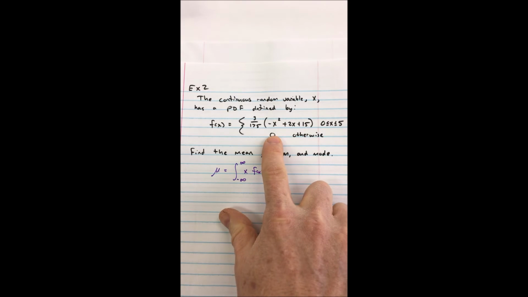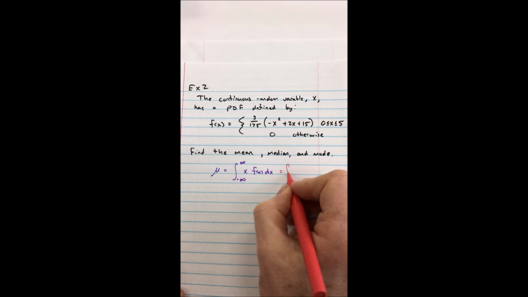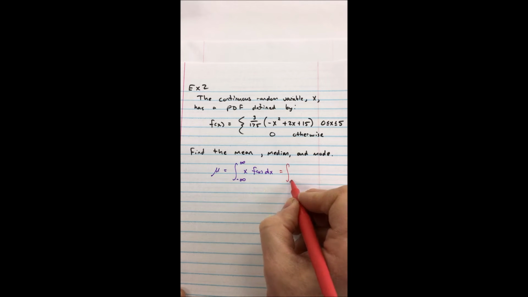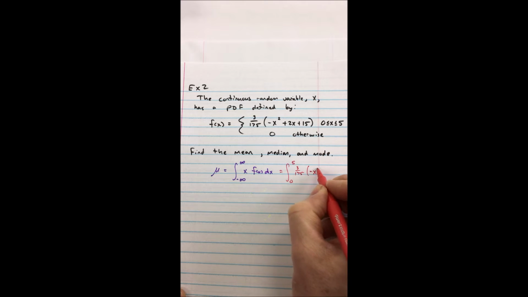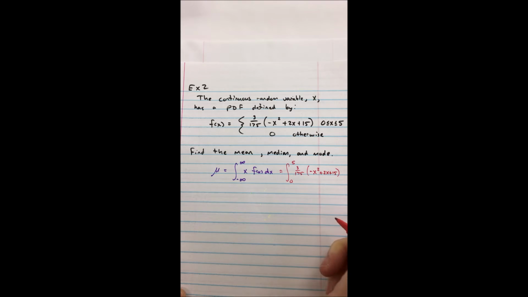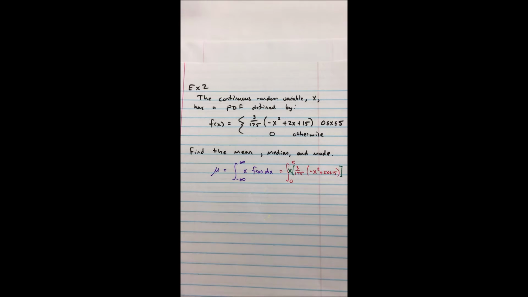Because f of x is 0 everywhere outside of 0 to 5, this simplifies to the integral from 0 to 5 of 3 over 175 times negative x squared plus 2x plus 15. All of that is my f of x. Don't forget, it's an easy thing to forget, I almost did it myself, that f of x needs to be multiplied by x, and then dx after that.